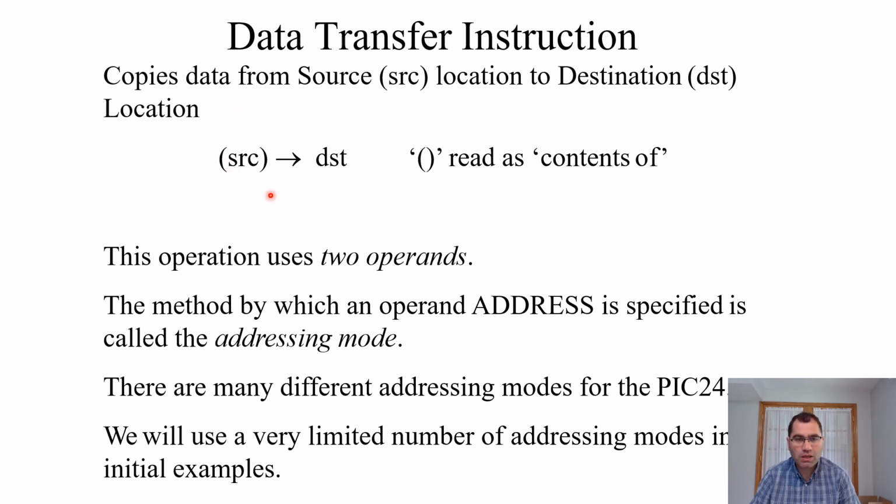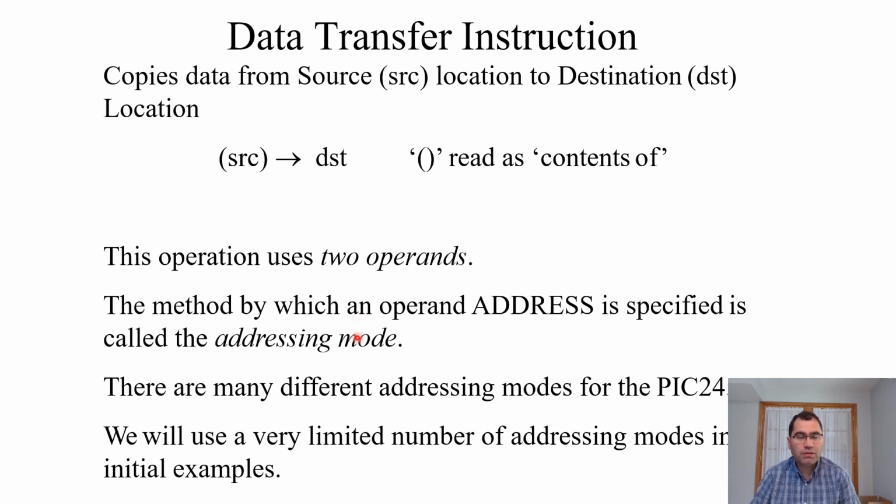This is how we represent it, and what it means is: copy the content of the source and put it in the destination. So we have two operands, one is the source and one is the destination.